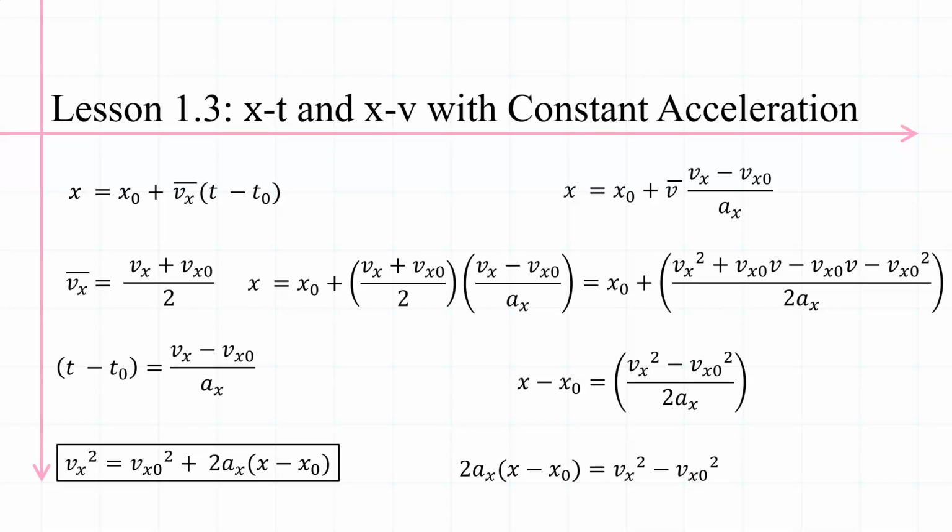Notice I just left vx squared on that left-hand side. I will have to remember that to solve for vx, I'm going to have to take the square root of the expression on the other side of the equal sign. And that gives me the typical form of the velocity, acceleration, and position equation.